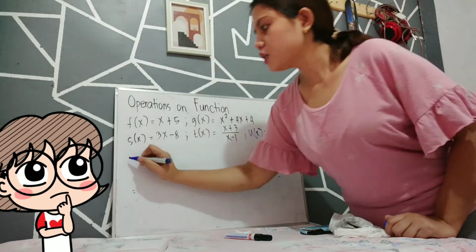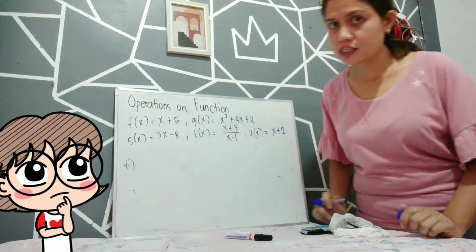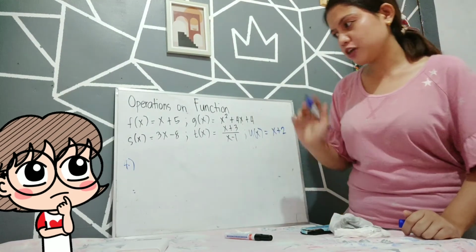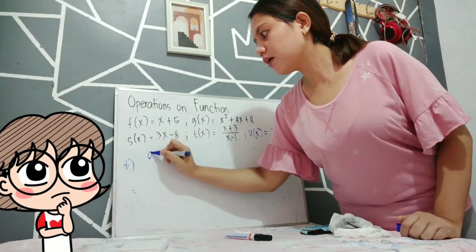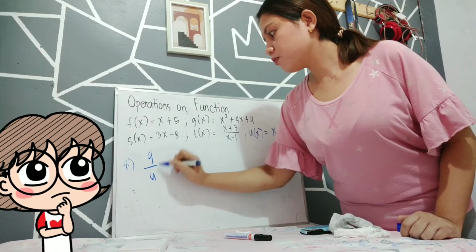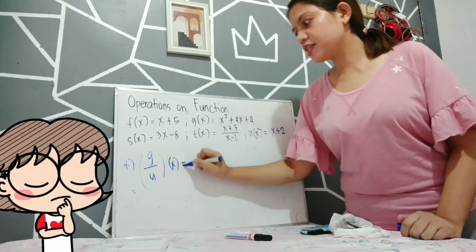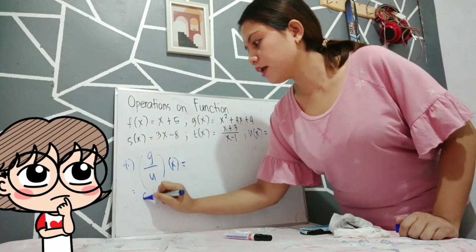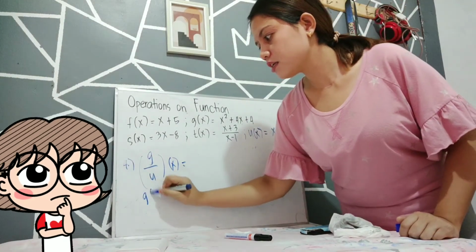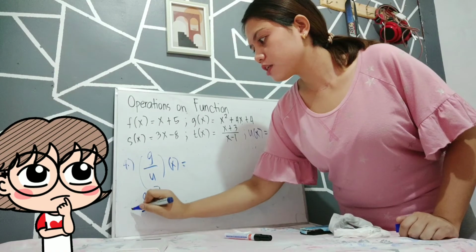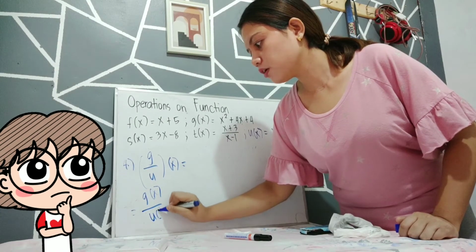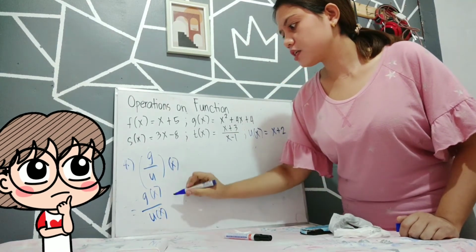So, for our last example in operations and functions class, how about g over u of x? So, you can rewrite that as g of x over u of x.